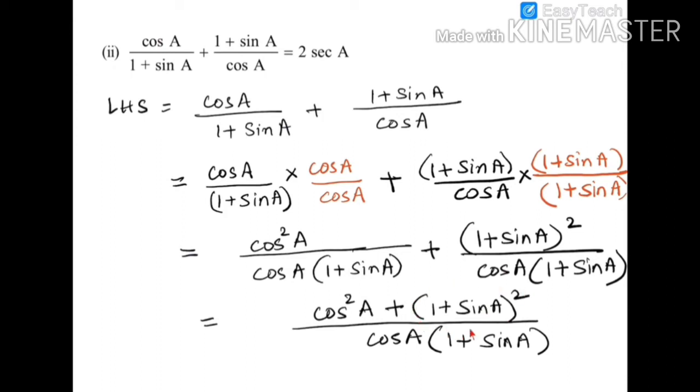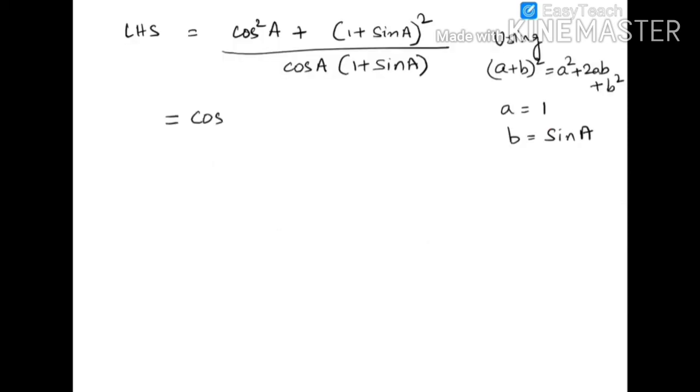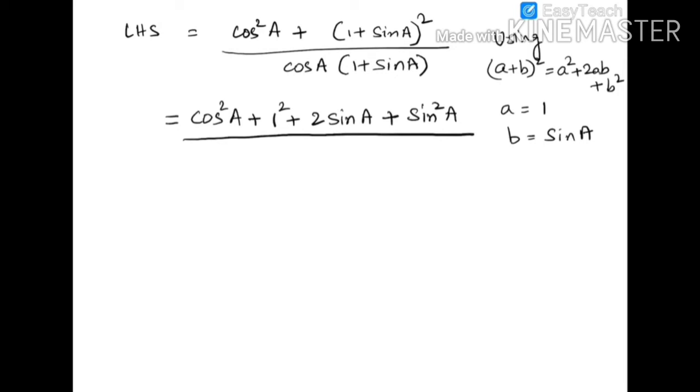So we can expand this bracket and write it as a square plus 2ab plus b square, where a is 1 and b is sin A. So after expanding, we will get cos square A plus 1 square plus 2ab, that will be 2 sin A, plus b square, that will be sin square A, divided by cos A into 1 plus sin A.